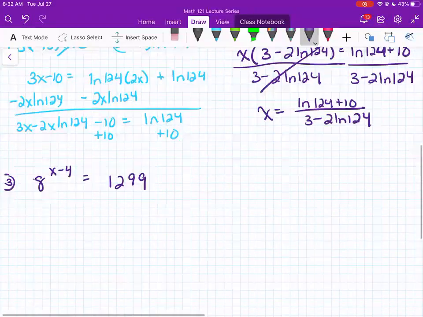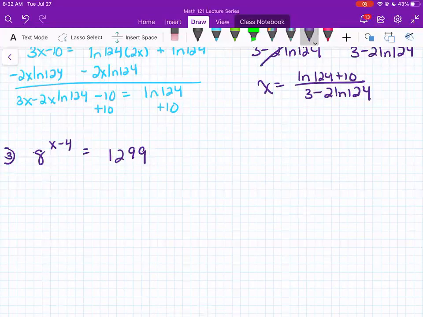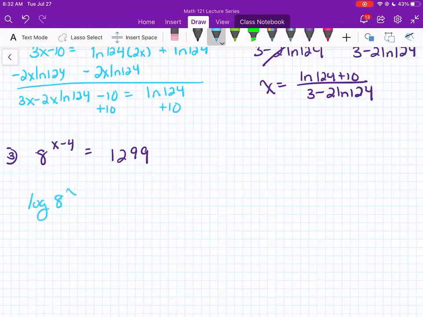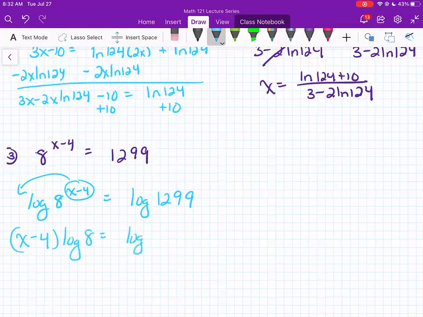Let's do one more example of an exponential. Here we've got 8 to the x minus 4 equals 1,299. You could take the log or the ln of both sides. I'm going to take the log. This piece comes out front. I could distribute.